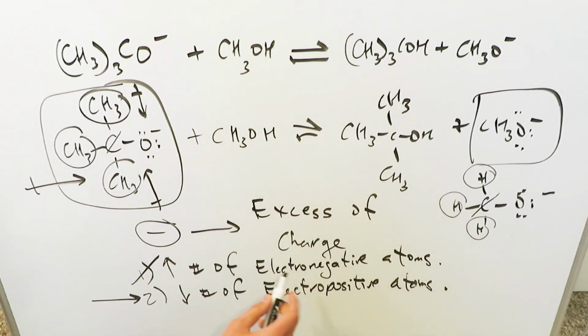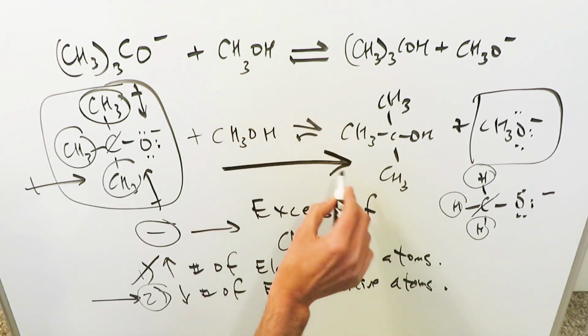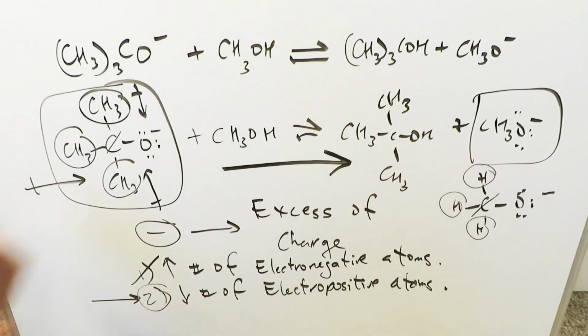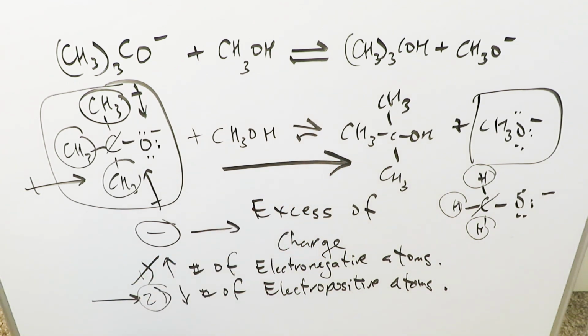So on virtue of that, this point number 2, since we can't decrease the number of electropositive atoms, we're just looking at which one has fewer electropositive atoms, and it's this. So your equilibrium will lie in the direction towards the right, towards this. And again, in this analysis, we're focusing on the anions, not on the neutral molecules, the alcohols.